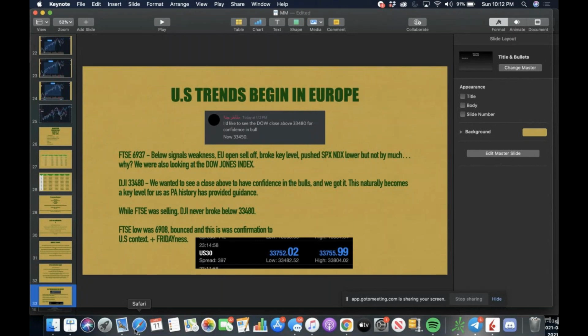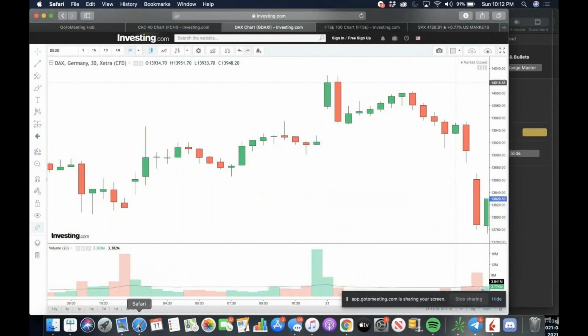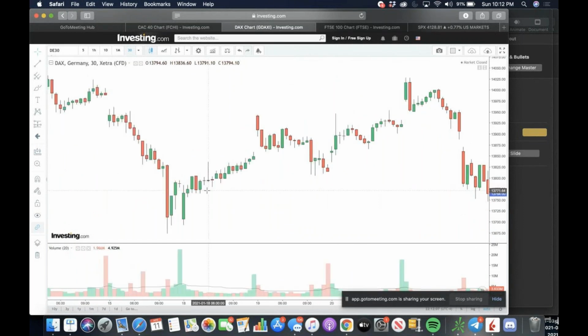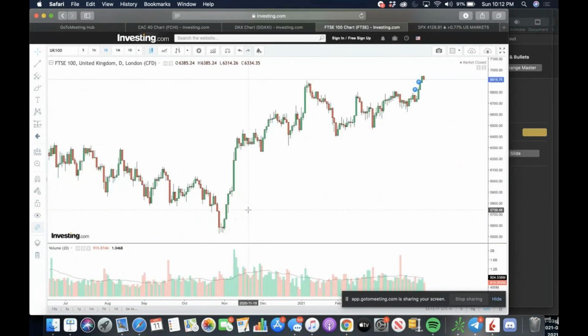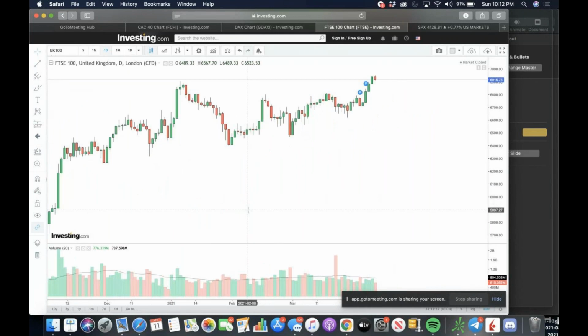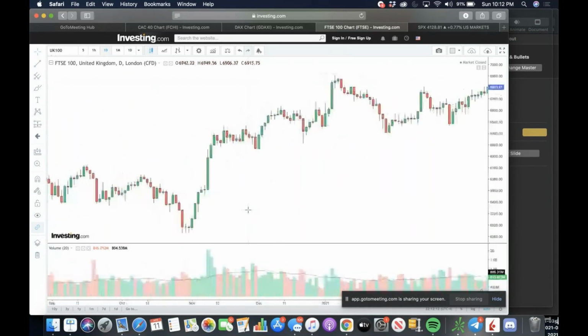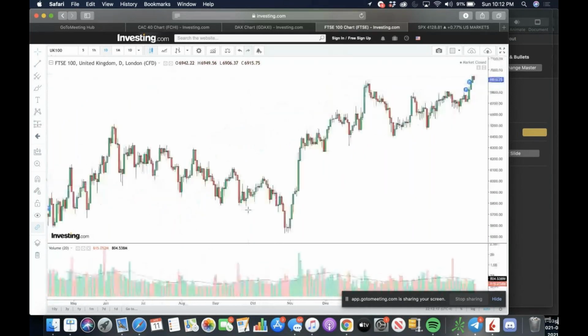So let's go take a look at that FTSE 6937. Confidence in cash index? Correct. Only always ever cash index. Let's take a look at FTSE, shall we? This better not be the futures because I don't see any gaps.